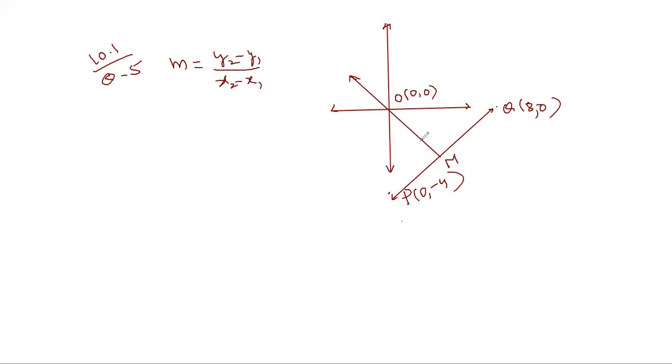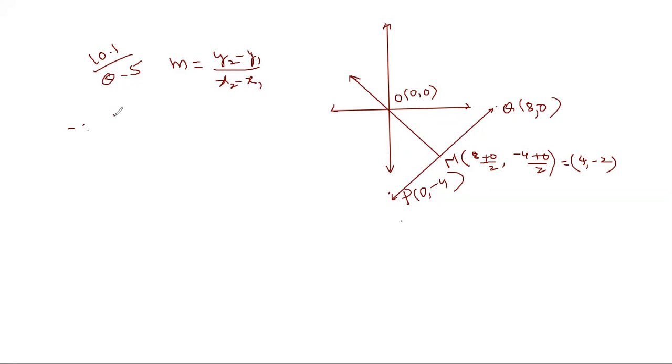For this line OM, one point we know; we need x2, y2. So this is the midpoint. The midpoint is x1 plus x2 divided by 2, y1 plus y2 divided by 2, that is 8 by 2, 4, and minus 2. So 4 and minus 2 is the midpoint.